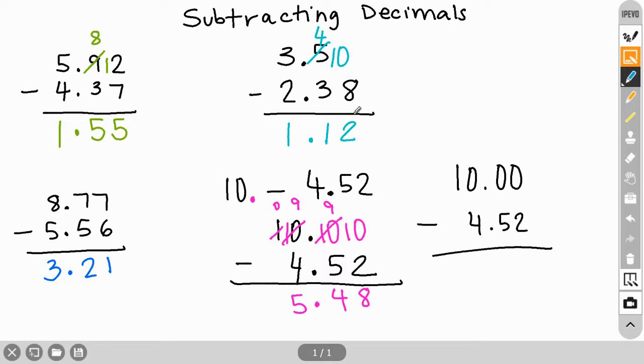Okay, so what I said was that this 0 cannot borrow from here. It cannot borrow from here. So it can borrow from the 1. But when I look at this number here, this number is the number 10. What I do, I borrow from this 10 instead. Well, if you have 10, you take away 1.